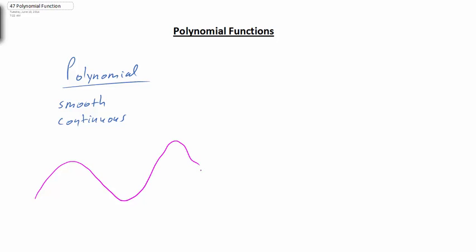So it's going to be a nice, smooth, continuous curve. If we have a graph that has a gap, such as this here, notice here there's an actual gap or break in the graph. So for a polynomial, you will have no gaps or no breaks in the graph. Also, you will have no sharp turns.